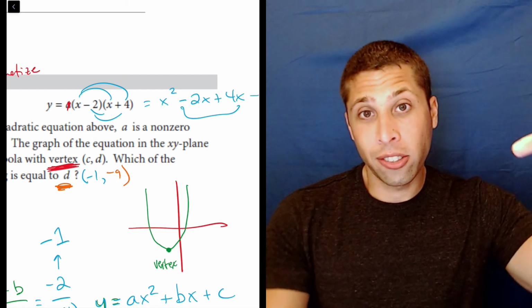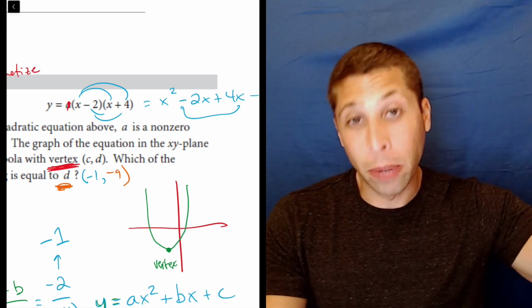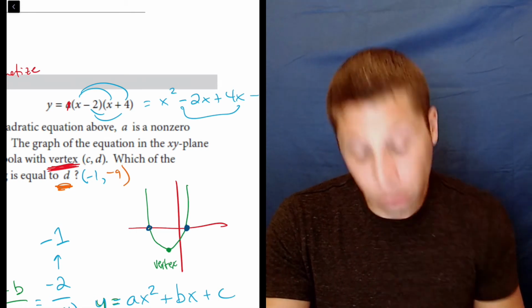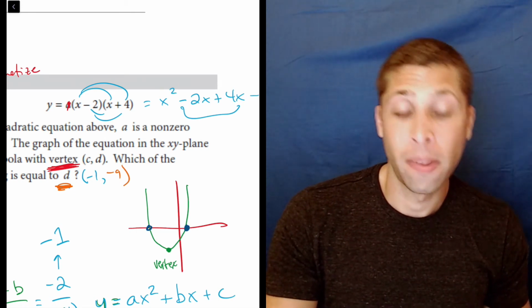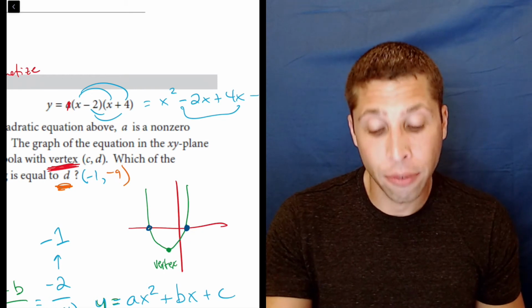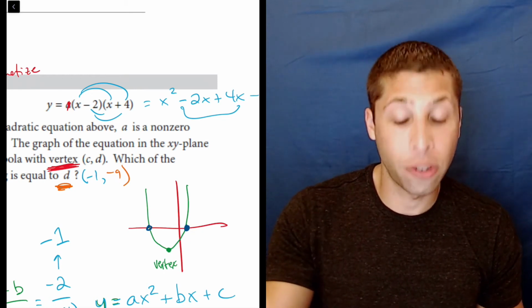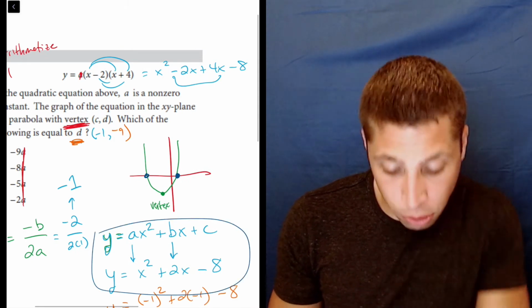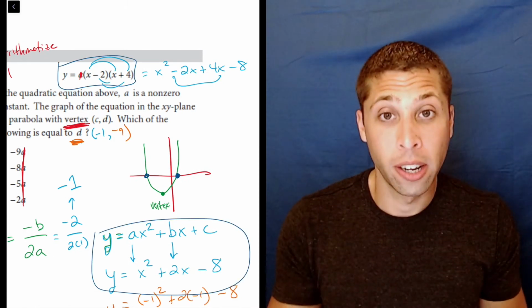The vertex is a very special point, but so are these points, okay? Those are the x-intercepts. And those points we get from the factors. That's why we turn an equation that looks like this into one that looks like this. We factor to find those points.